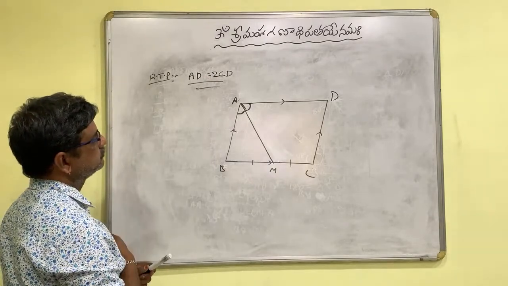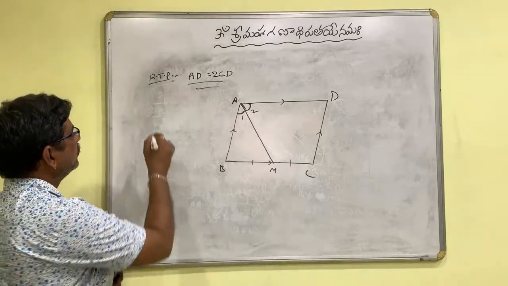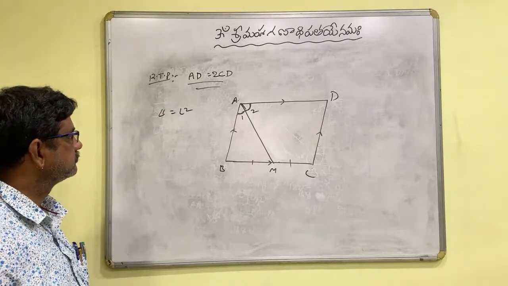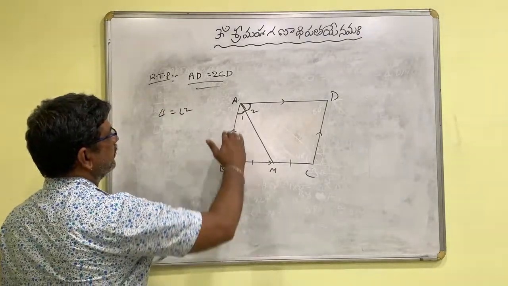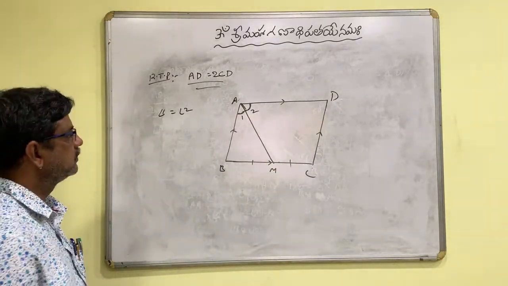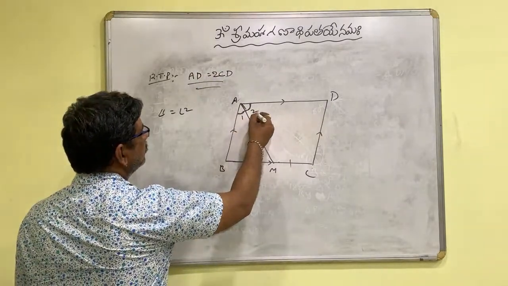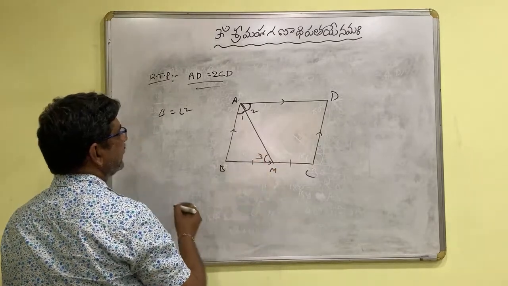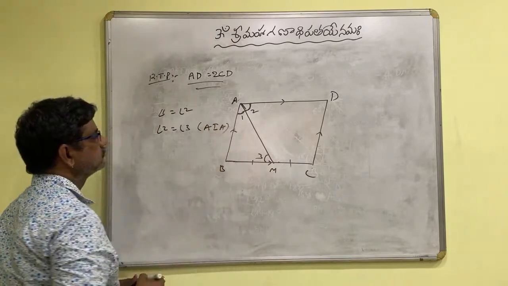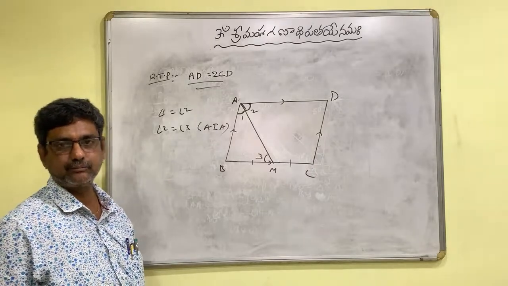See here. I'm taking this angle as angle 1 and angle 2. Given angle 1 is equal to angle 2. If we take AD and BC as parallel lines and AM transversal, then angle 2, I take this one as angle 3, they are equal, alternate interior angles.